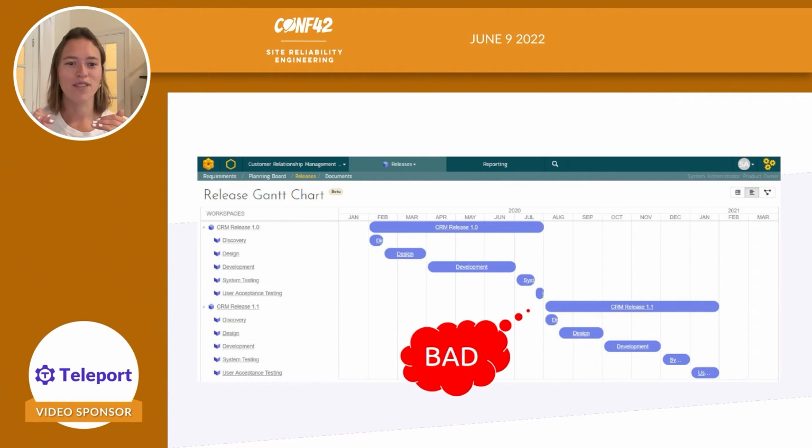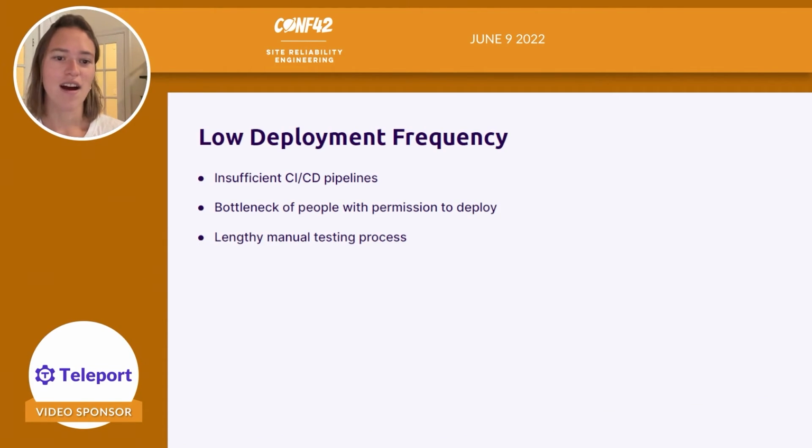It kind of reminds me of back when Microsoft Office used to sell the CDs and put out releases every 3 years or so, and we would all go and buy the software and upgrade. We're not in that world anymore, and so we're in a world where you can be deploying and releasing changes to customers often, and so you don't really want a waterfall looking thing like this.